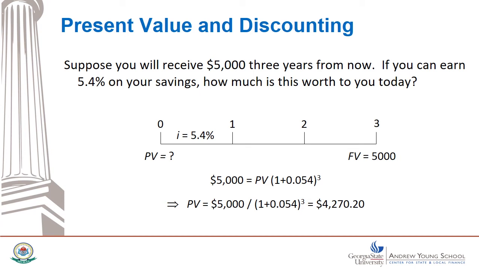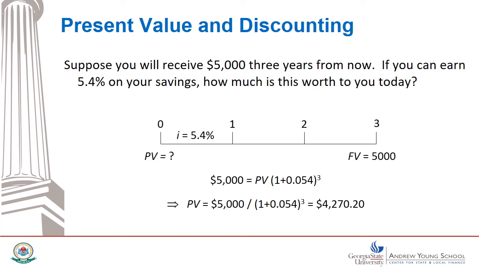To state the present value formula, the present value is equal to the future value of $5,000 divided by the product of 1 plus the interest rate of 5.4% raised to the power of 3. The answer then is $4,270.20.